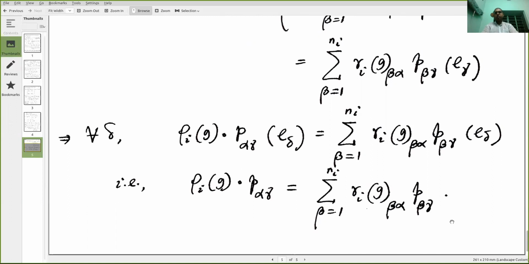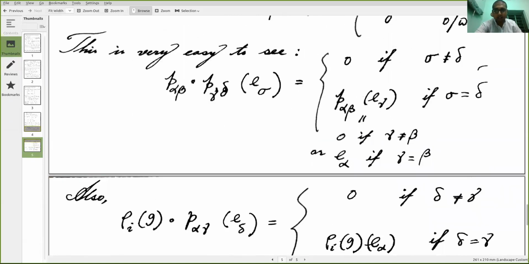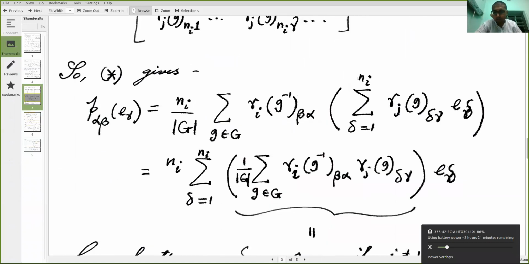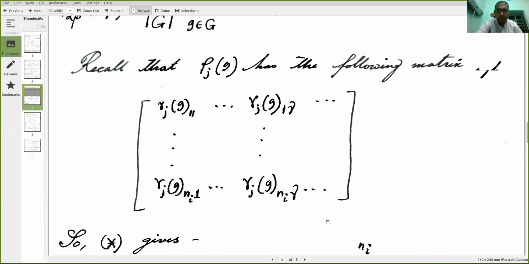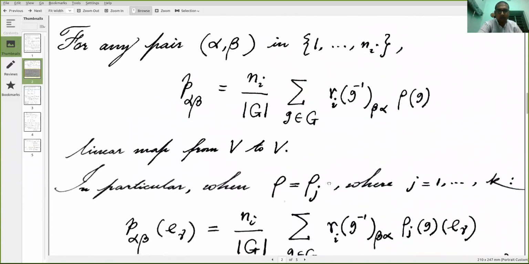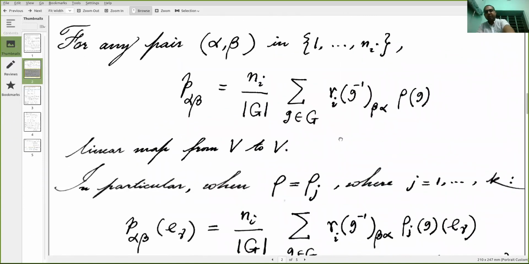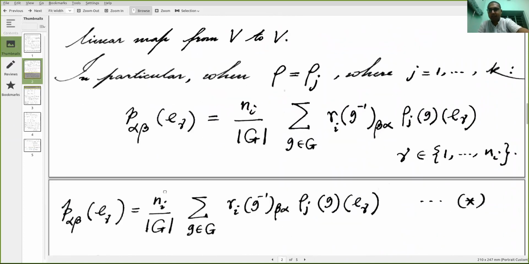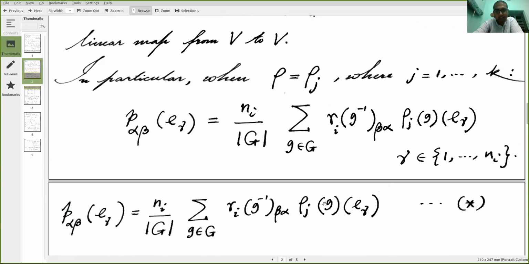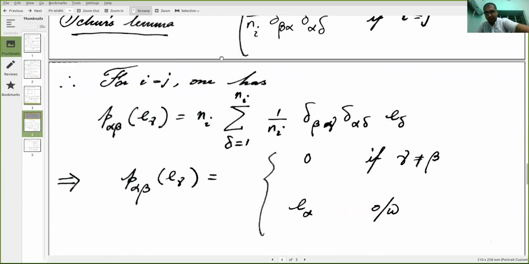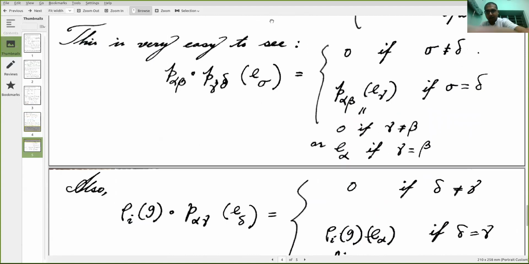Let me remind you that this happens. We can define P alpha beta for any representation rho, and in particular when we consider rho J, we made these explicit computations, and those computations say that if J is not equal to I, then all these linear maps P alpha beta will be 0, and in the case when I equals J, then we have these formulas.